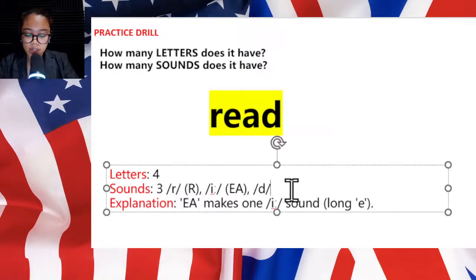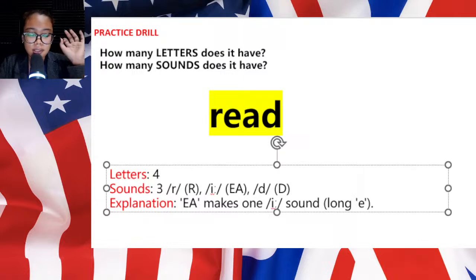And finally, the letter D sound. That is the D sound, so that is our third sound. So for the word read, we have four letters but only three distinct sounds. The three distinct sounds are R, E, and D, which if combined we have read.